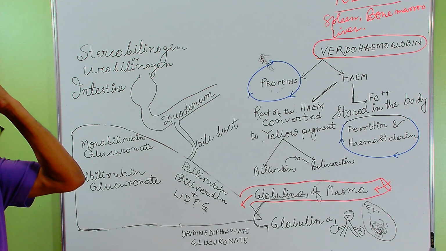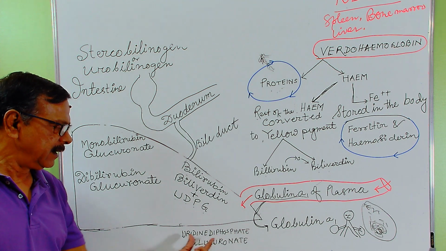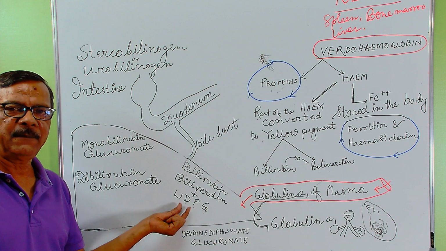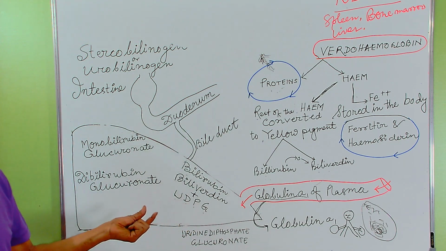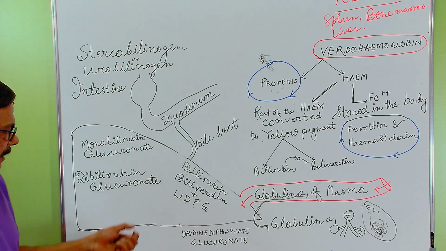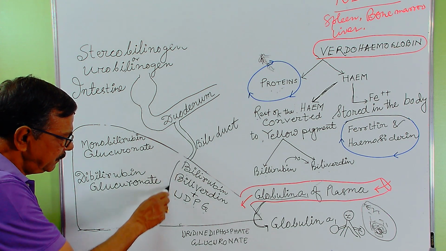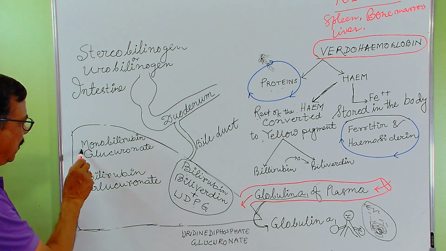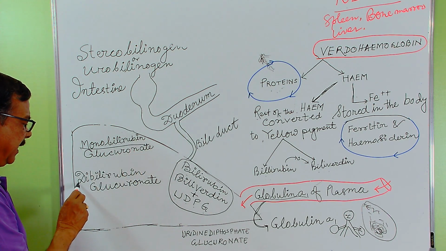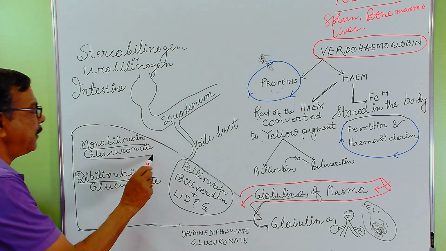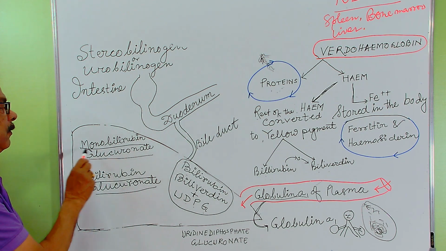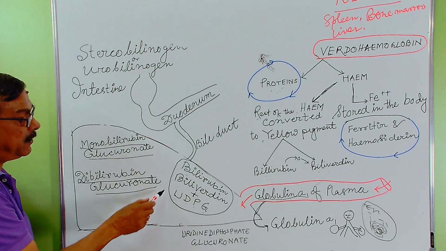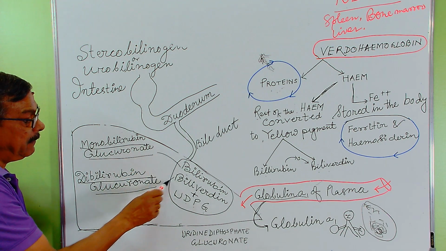What is UDPG? Uridine diphosphate gluconate. They mix with this, and within the liver this produces monobilirubin and dibilirubin gluconate. Monobilirubin gluconate and dibilirubin gluconate are produced from this bilirubin and biliverdin.